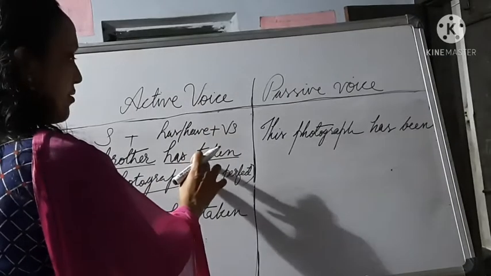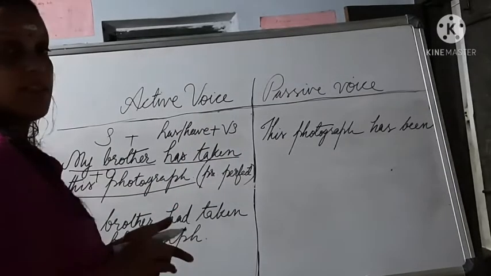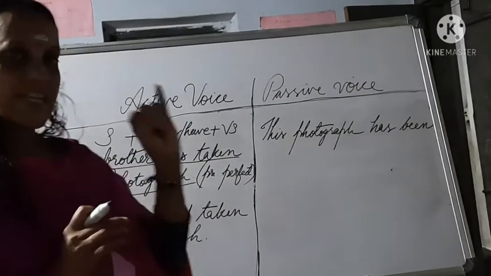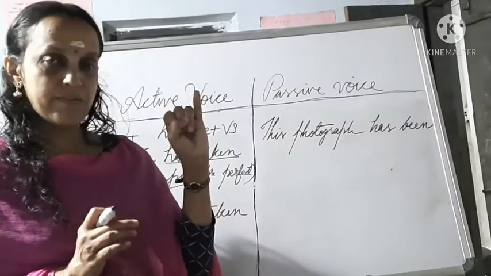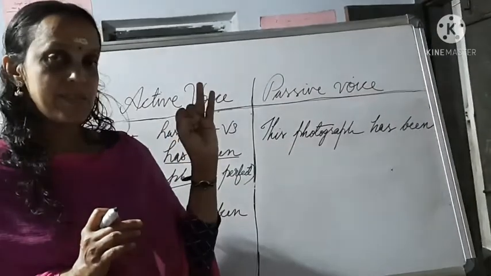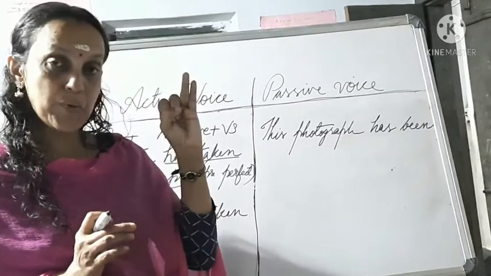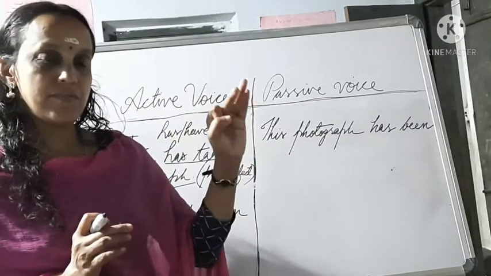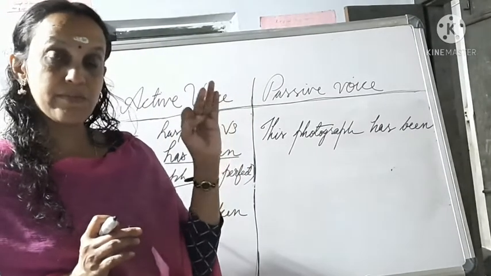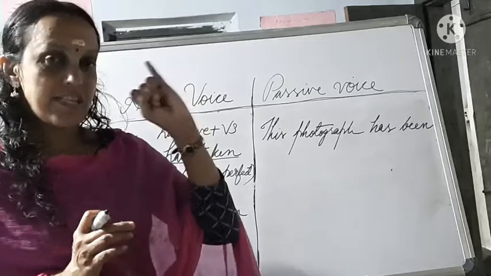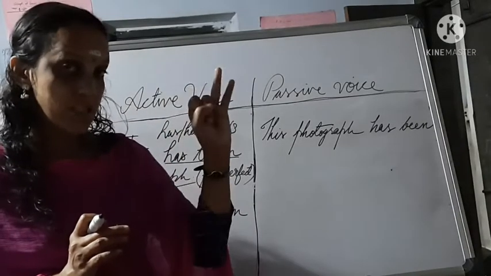What is the V3 form of taken? Taken itself. Take is the first form, V1. The second form, the past form, is took, and the third form, V3 or past participle form, is taken. Take, took, taken.